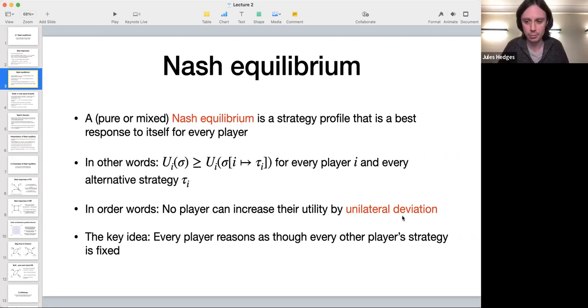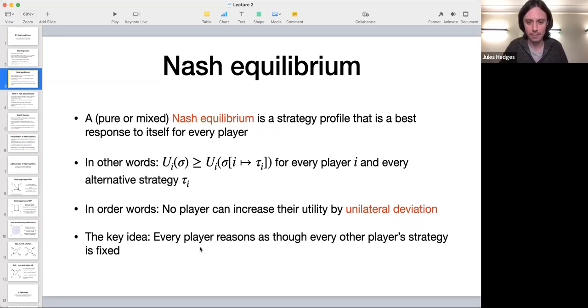This is called a unilateral deviation. Every other player except for i is sticking with sigma, and then we ask what happens if we allow player i's strategy to vary unilaterally. A Nash equilibrium is that for every player, if you unilaterally vary just that player's strategy, then the thing that they're already doing is optimal.